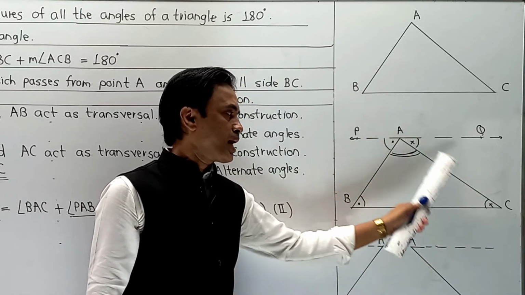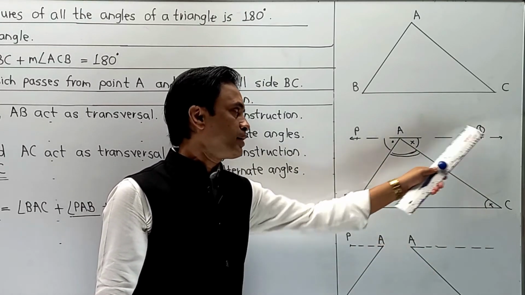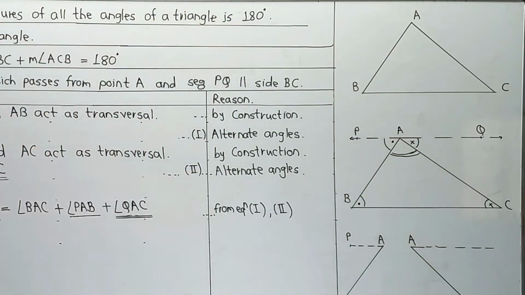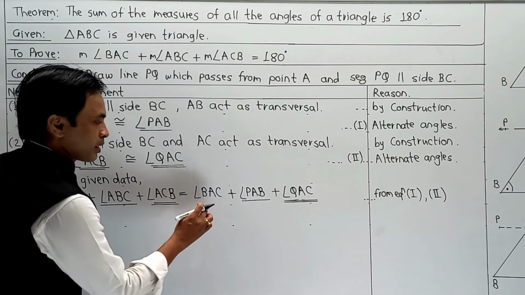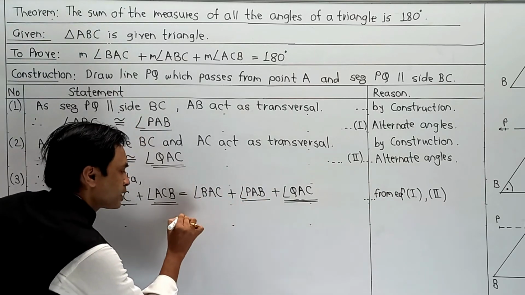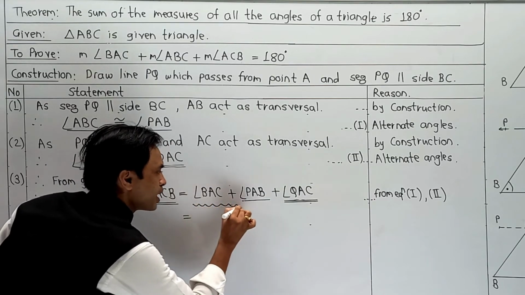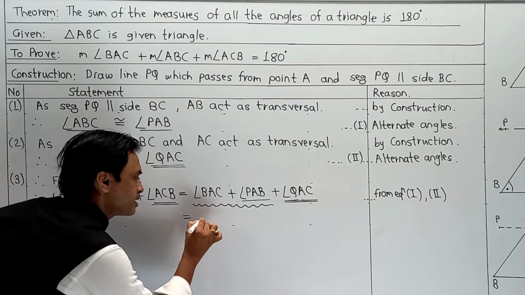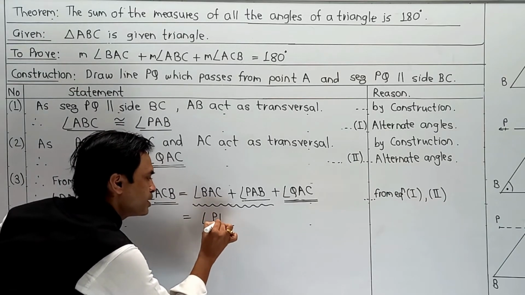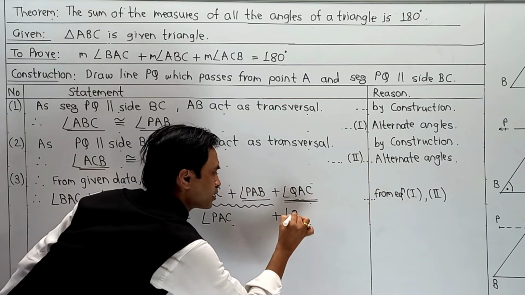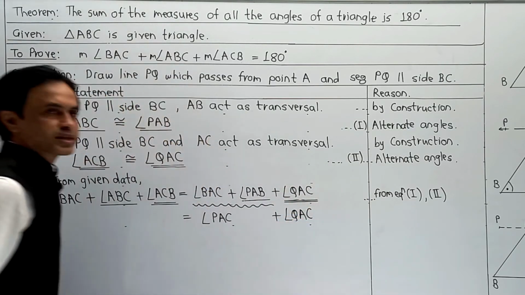And this PAC is also going to be added with QAC. BAC plus PAB, the addition of these two angles, now becomes angle PAC, plus this angle QAC as usual.